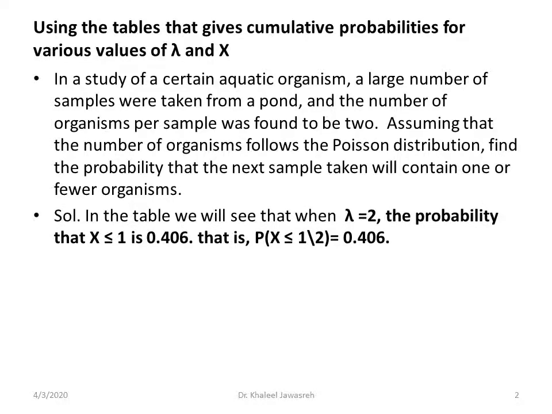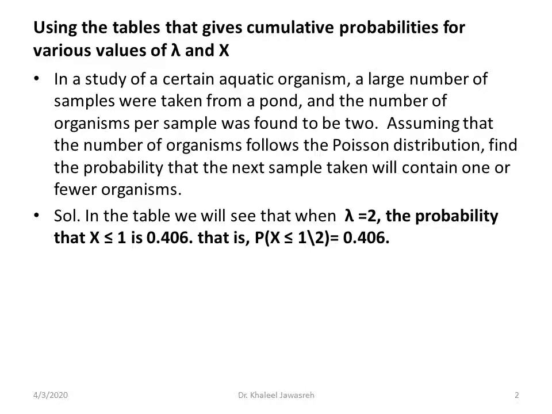In the table, when lambda equals 2, the probability that x is less than or equal to 1 is 0.406. The question says contain 1 or fewer, so less than or equal to 1 equals 0.406.